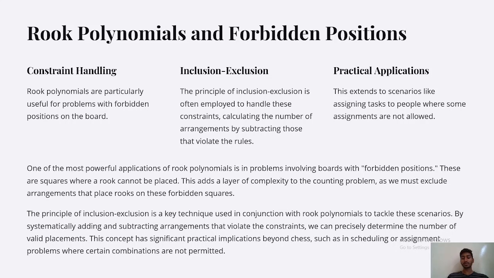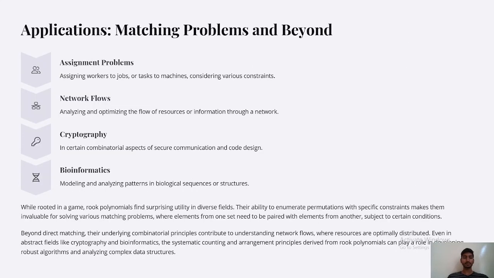We can precisely determine the number of valid placements. This concept has significant practical implications beyond chess, such as in scheduling or arrangement problems where certain combinations are not permitted.